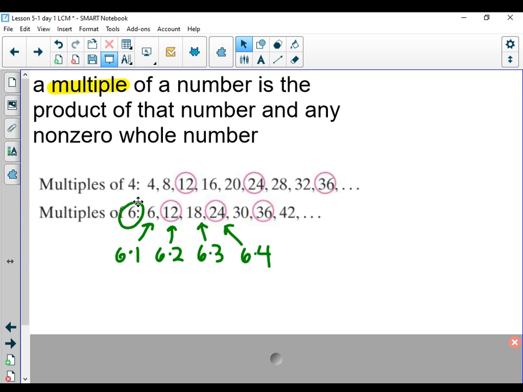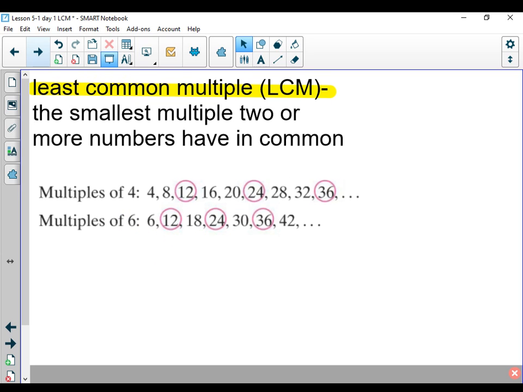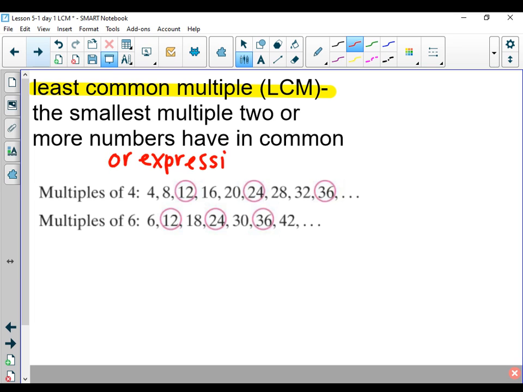Now the learning target said we want to be able to find the least common multiple that 2 or more numbers or expressions have in common. Why did I add that expression in there? Because that includes variables, of course.